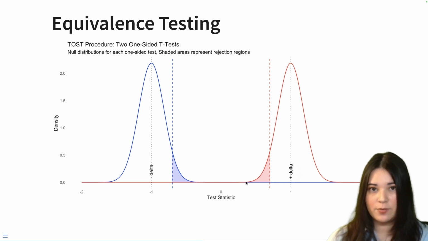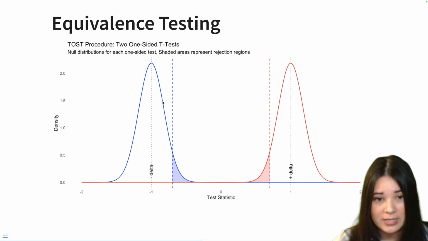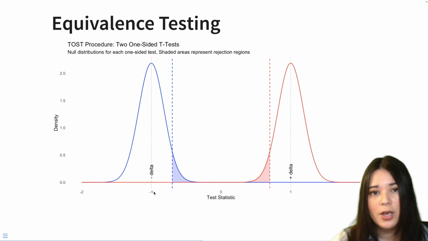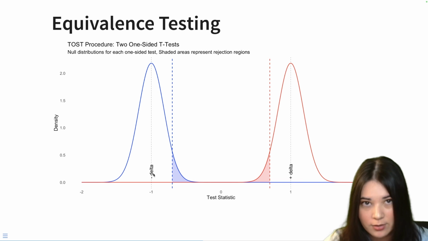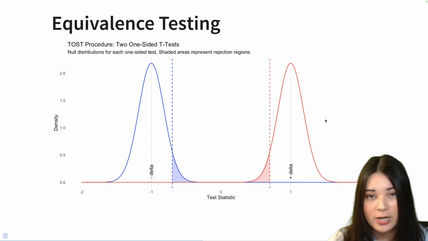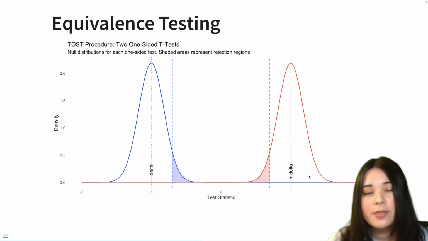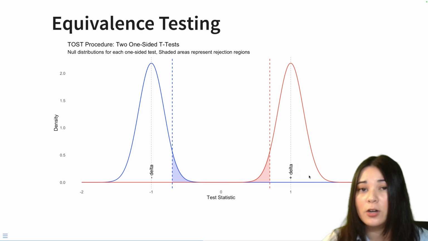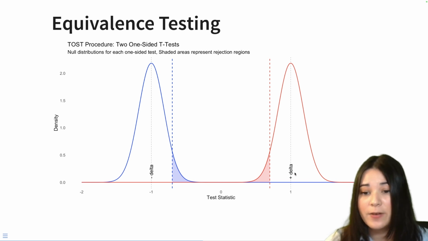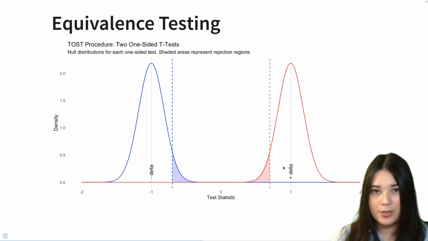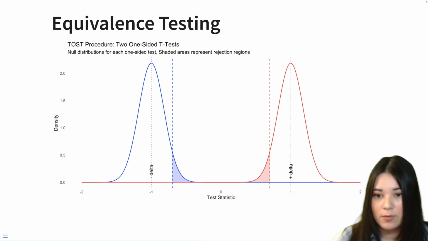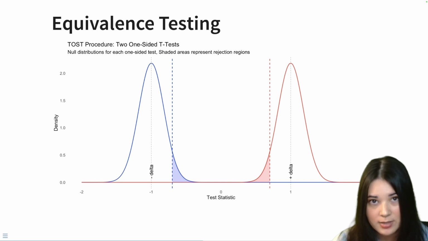Now, let's think about this for a second. If we reject the first test represented by the blue distribution, we have provided evidence for the alternative hypothesis, which says that our value is greater than -1. And if we reject the null of our second test, then we've provided evidence for our alternative hypothesis that the value is less than 1. Taken together, we have evidence that our value is greater than -1 and less than +1.